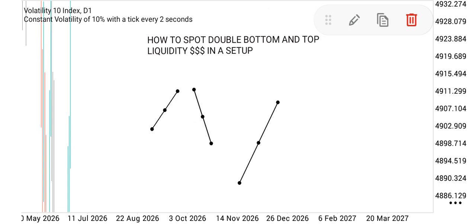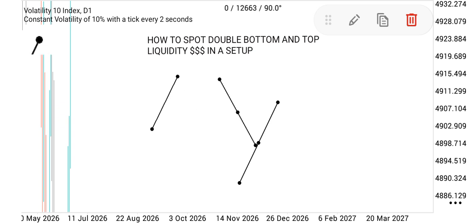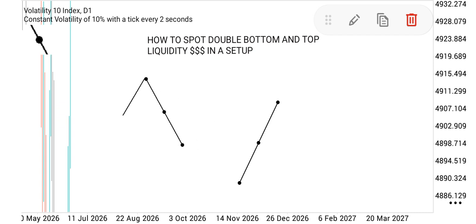So now let's say we are having a break of structure downward. Now we are in a downtrend market, trending downward like this.